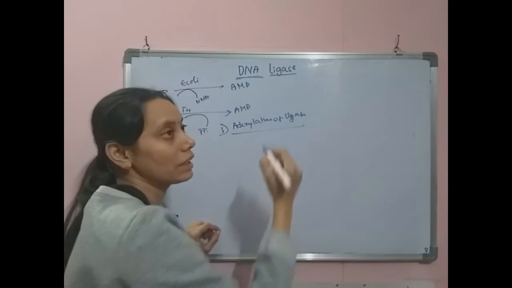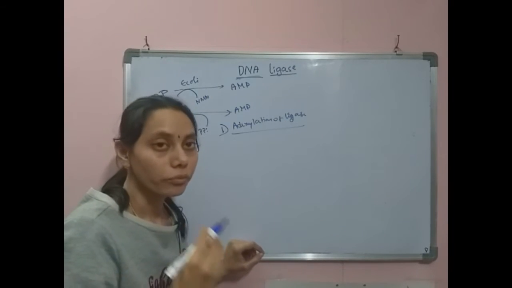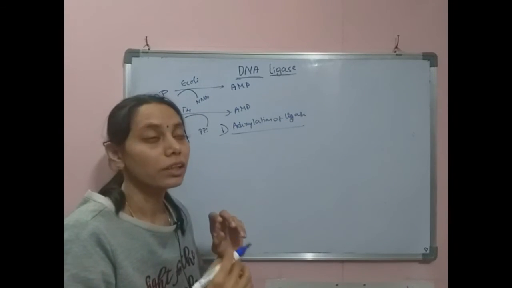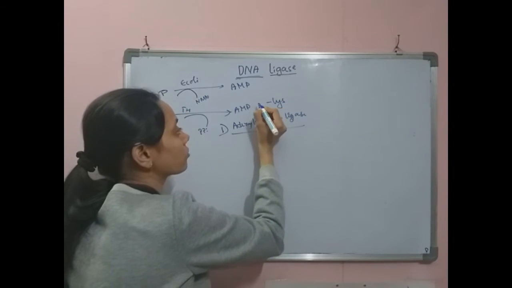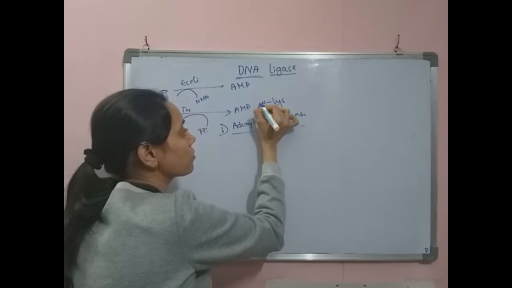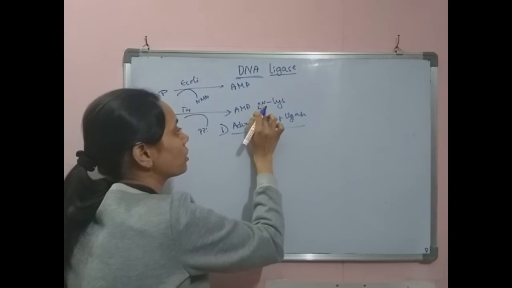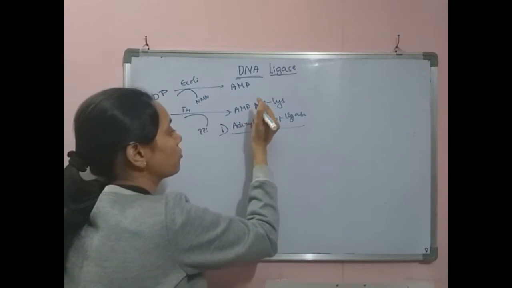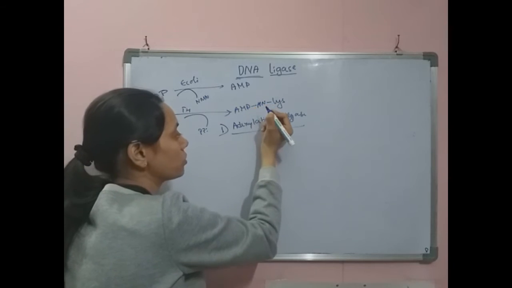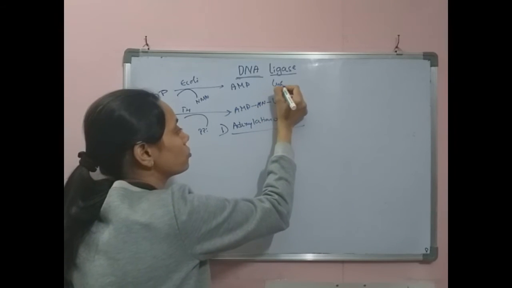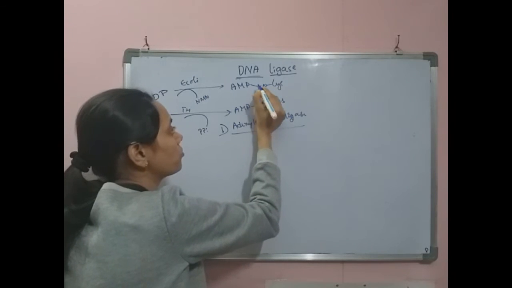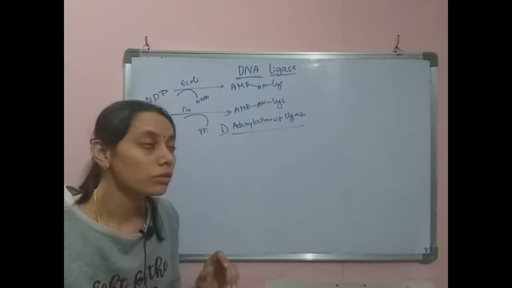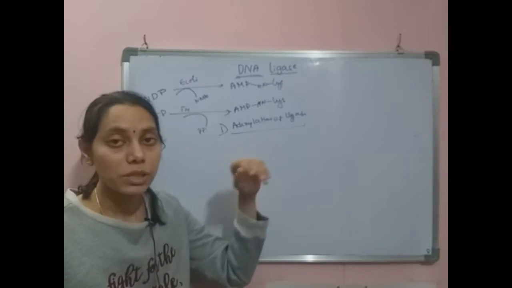Basically, ligase is an enzyme which has a lysine, and this lysine has an NH2 group. The NH2 group is the place where AMP is going to be attached. So the amino group of the lysine will add this AMP to the enzyme.